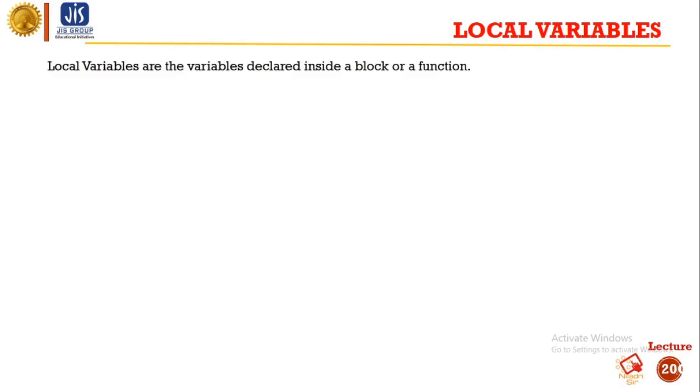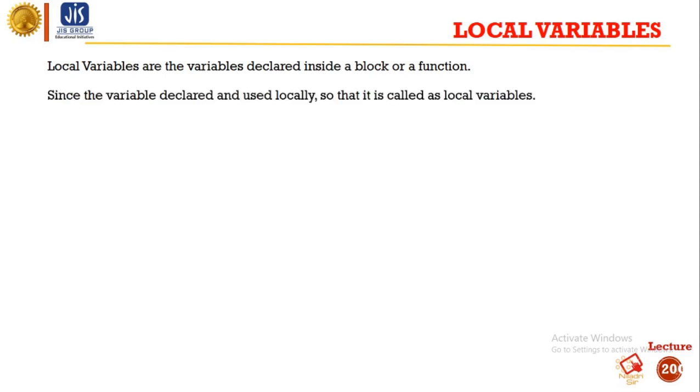Local variables are the variables that are declared inside a block or a function. Since the variable is declared and used locally, it is called a local variable.